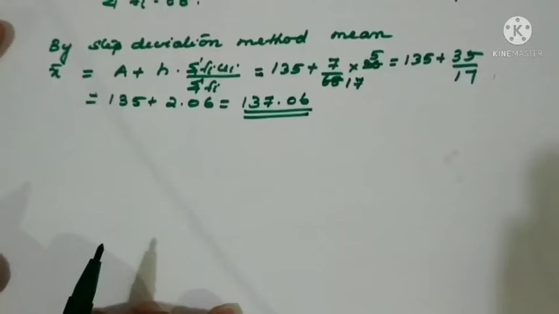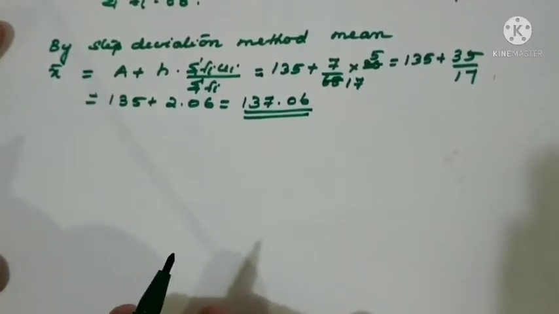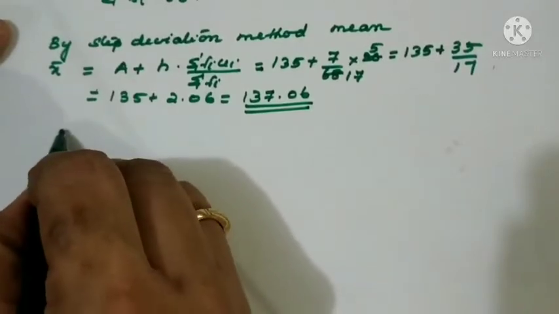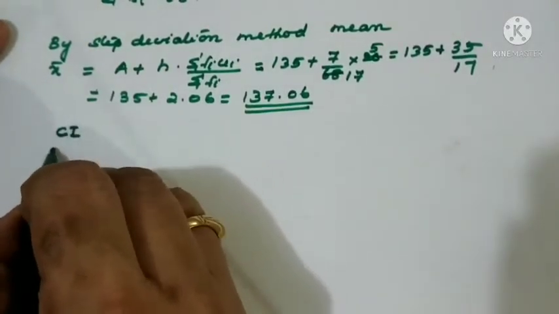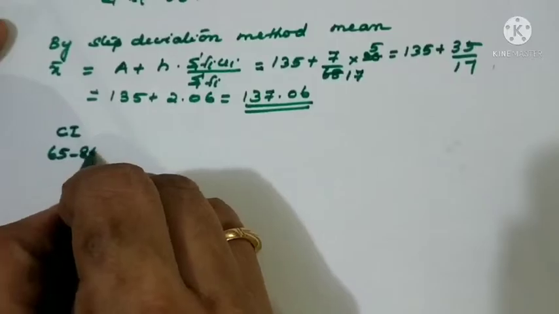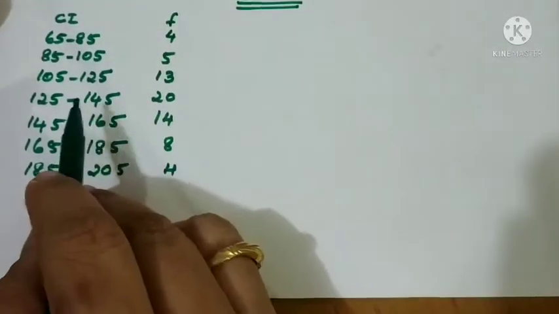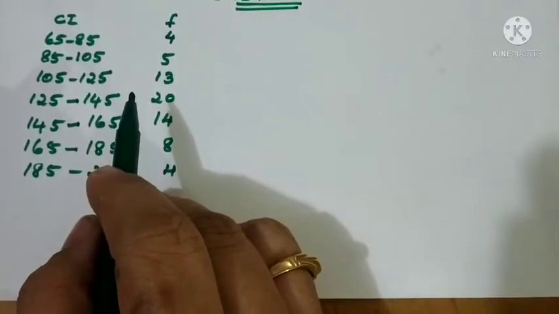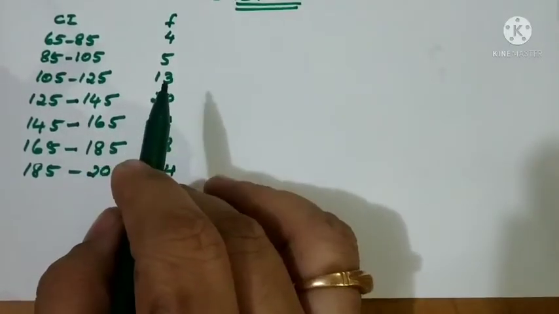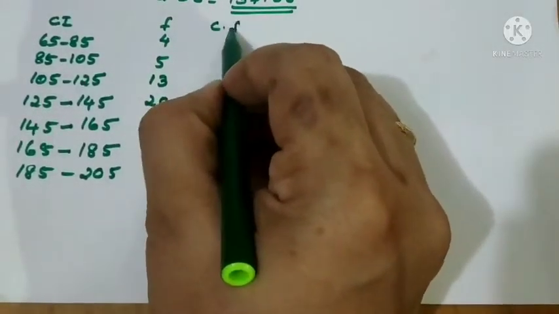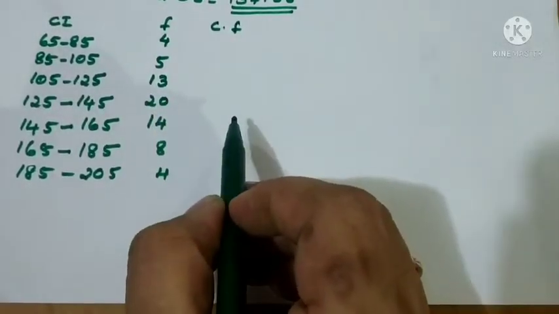Now we can go for median or mode. So median I am doing. So CI I'll write once again. CI is 65 to 85. So we completed the class interval and the frequency here. Now what is the next? CF we should write, because we are going to do median.